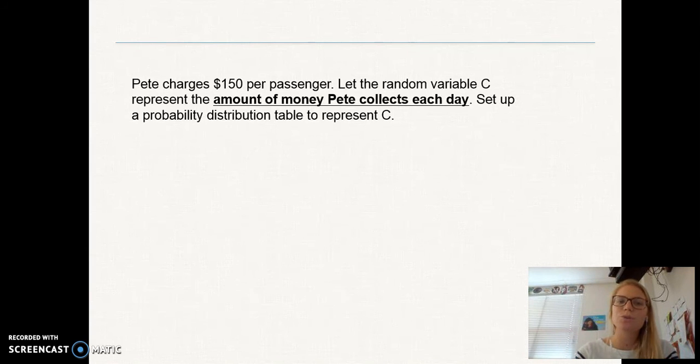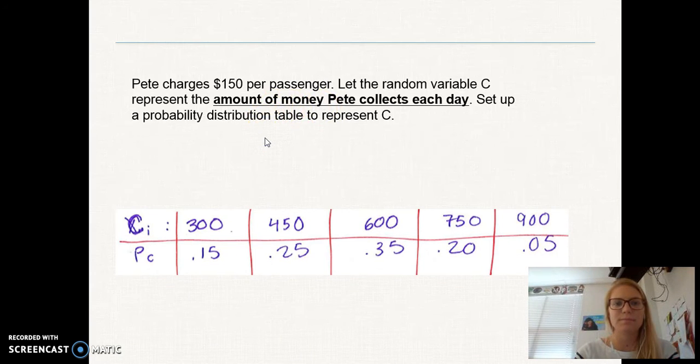So I want you to set up a new probability distribution that represents the amount of money he collects. I took 2 people and multiplied it by 150 to get $300 from those 2 customers. If he has 3 customers, he'll get $450. If he has 4 customers, he'll get $600, and so on. But you should notice the probabilities didn't change.